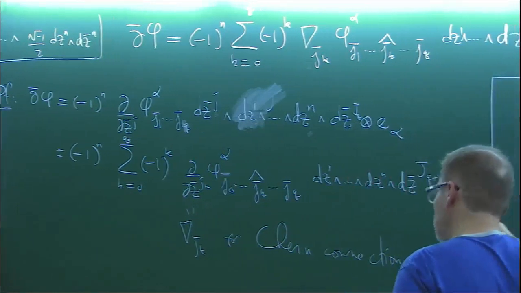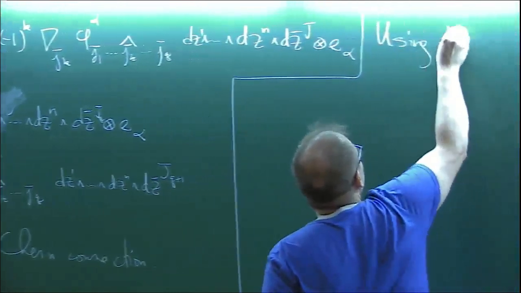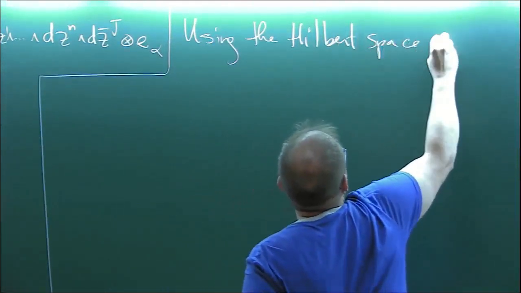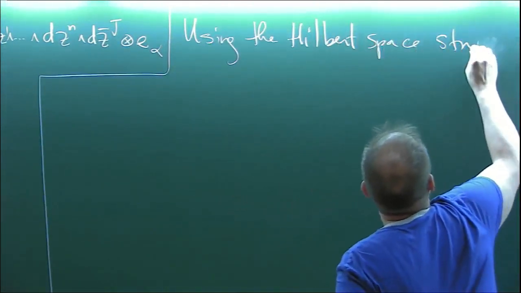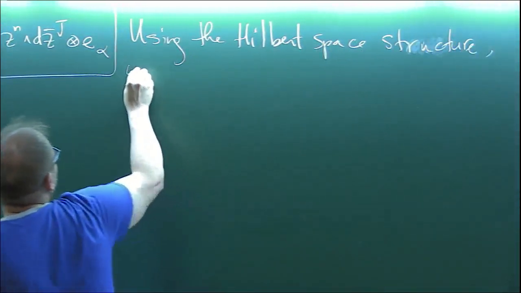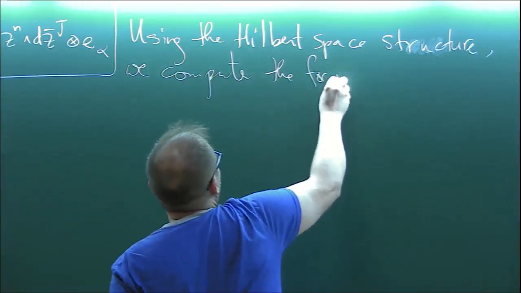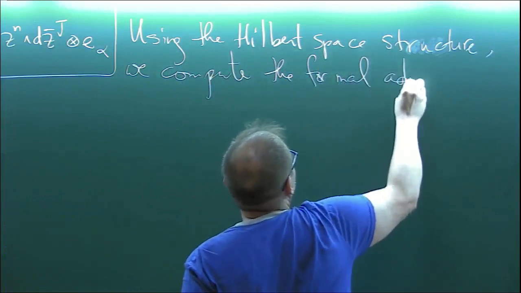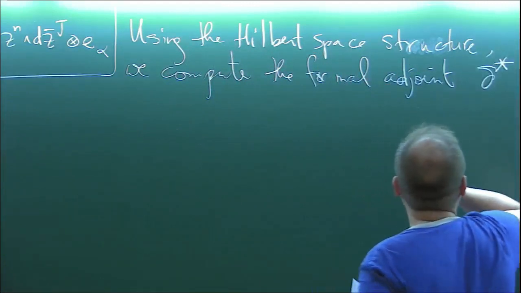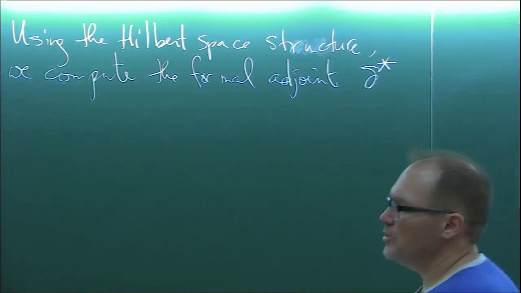Okay, so now we want to compute the formal adjoint of this, using the Hilbert space structure. So d bar, I'll call it d bar star, even though later we'll use this notation also for the Hilbert space adjoint.